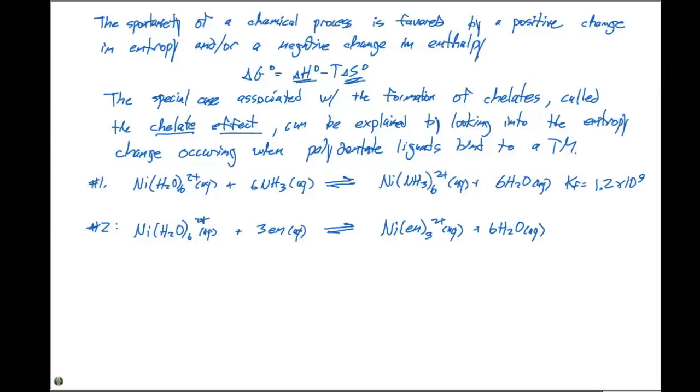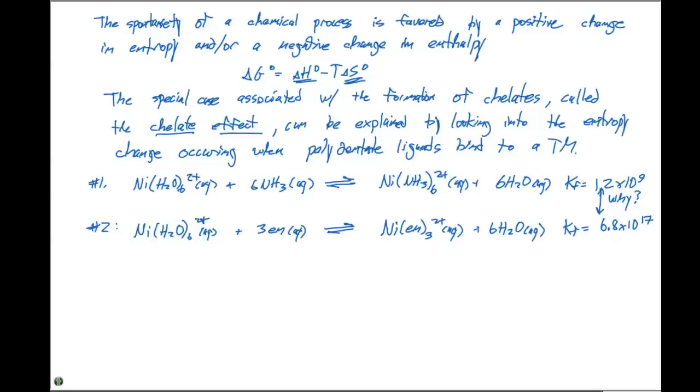And in each case, I'll point out that the water is an aqueous species in solution because it was displaced off of the transition metal, and it's not like water as a pure liquid in that solution. The Kf for this particular equilibrium is going to be 6.8 times 10 to the 17th. Dramatic difference. The question we need to answer now is why are these 2 so dramatically different?